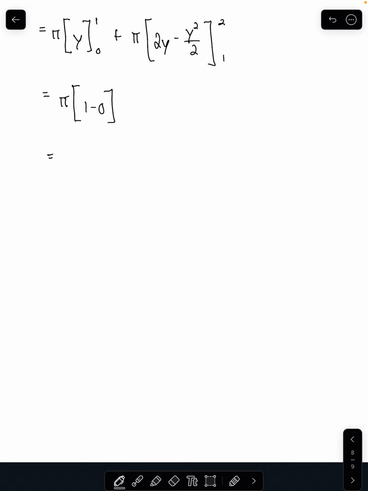Our first integral then, after the fundamental theorem of calculus, would result in simply pi. Our second integral would be a little bit more complicated.